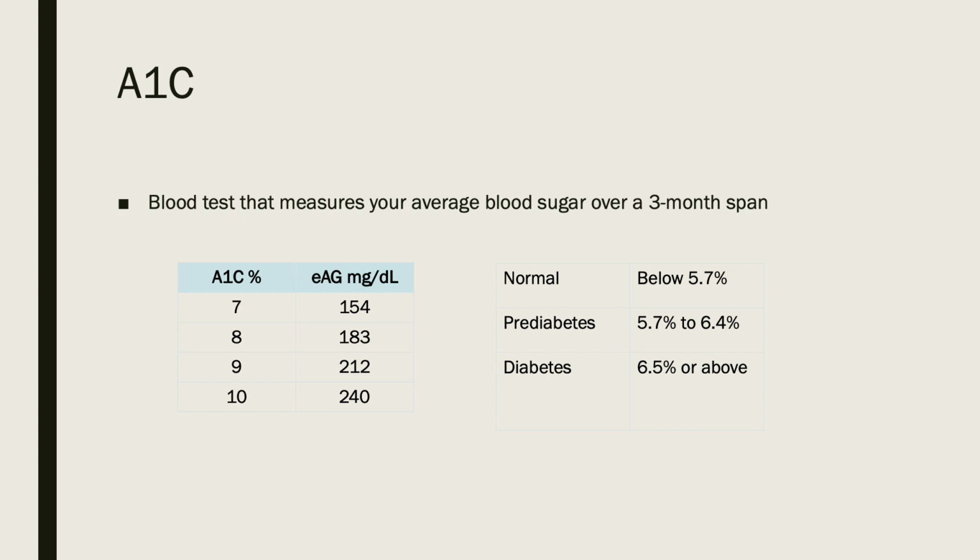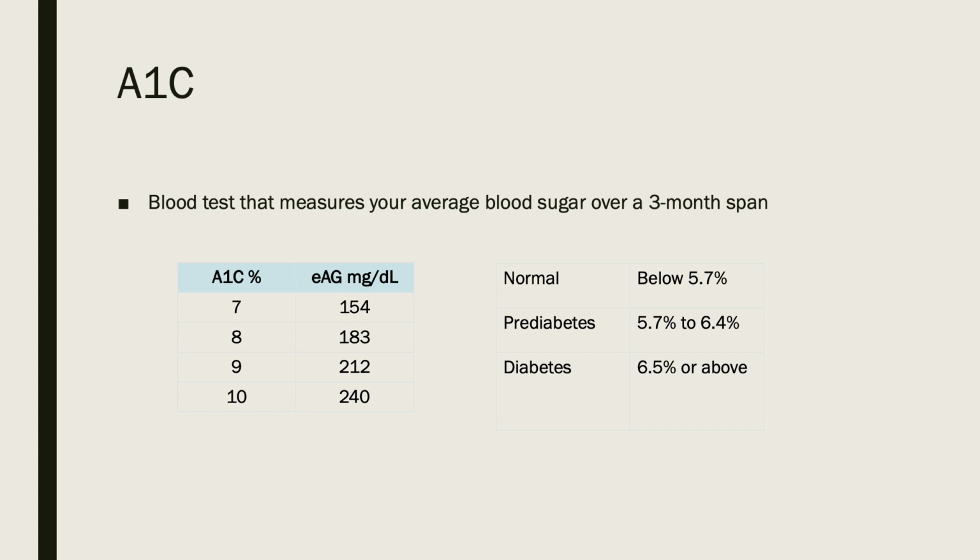An A1C is a test that your doctor will take to see how your blood sugar has been over 3 months. A normal is below 5.7, pre-diabetic 5.7 to 6.4, or diabetes 6.5 or above.